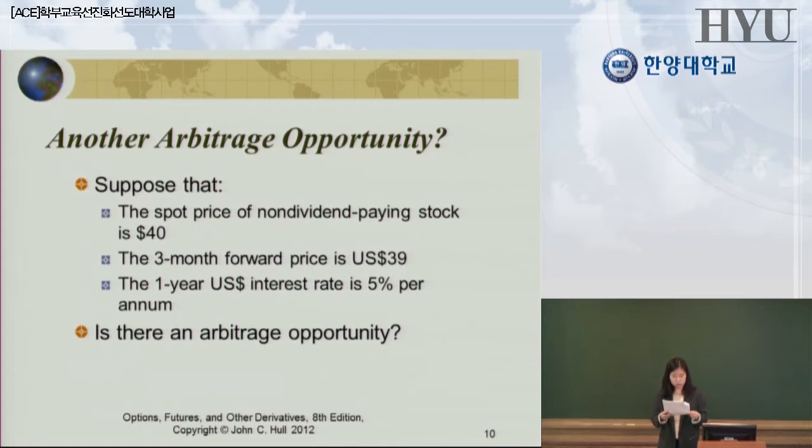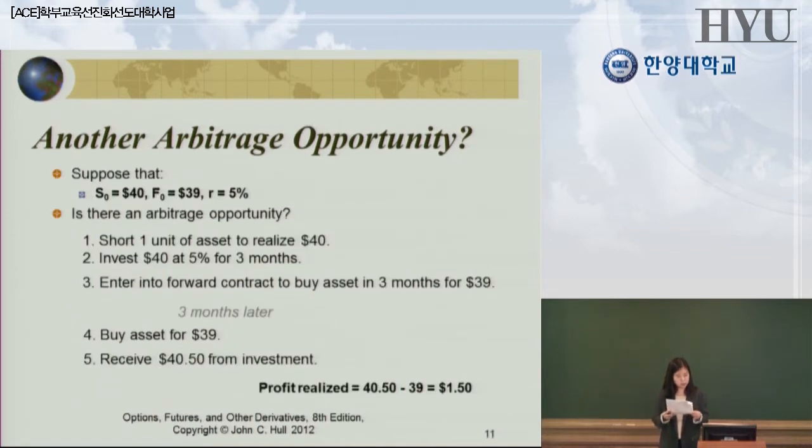And the second question: conditions are the same as the previous problem and the only difference is the forward price is $39. Is there an arbitrage opportunity?